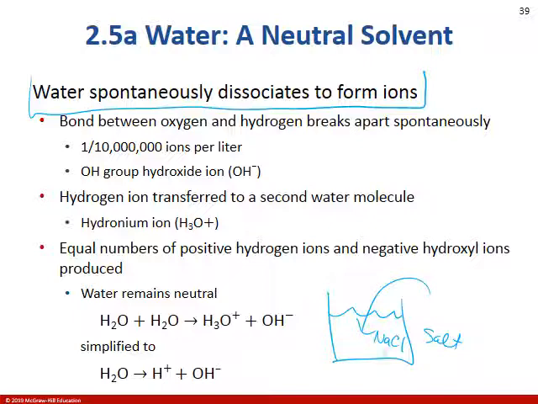One, the water can wedge between the sodium and the chloride, and you'll have sodium ions and chloride ions. What can happen is the water can also dissociate. So you have your water molecule, it can break apart into hydroxide ions and hydrogen ions.